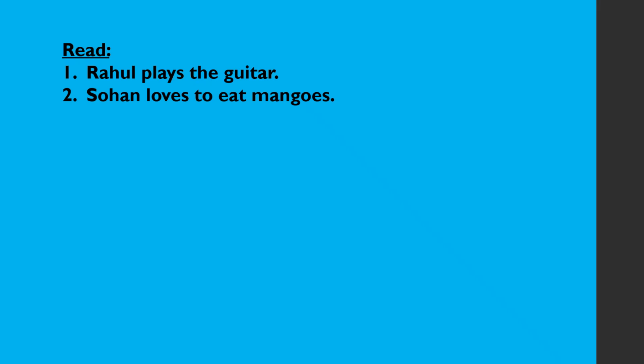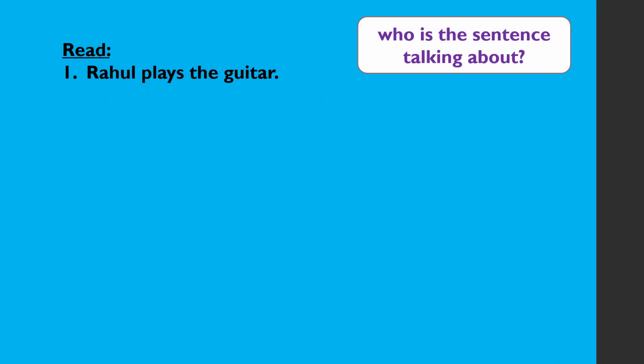Now read these sentences. The first sentence, "Rahul plays the guitar." The second sentence, "Sohan loves to eat mangoes." Now let's consider the first sentence. "Rahul plays the guitar." Here, who is the sentence talking about? It speaks about Rahul.